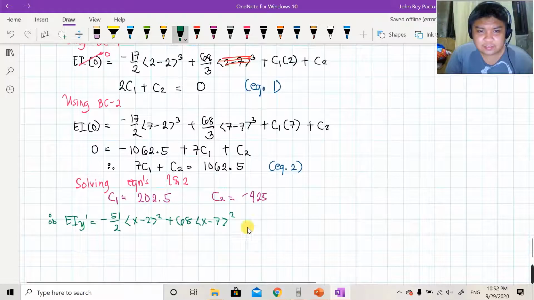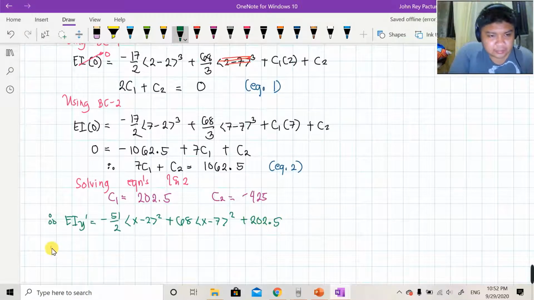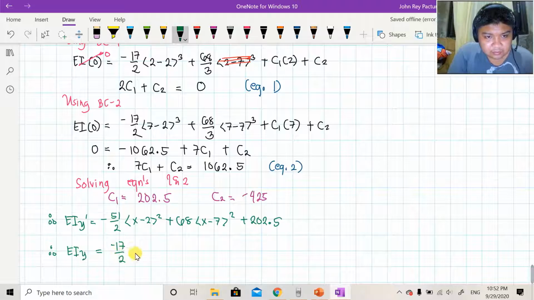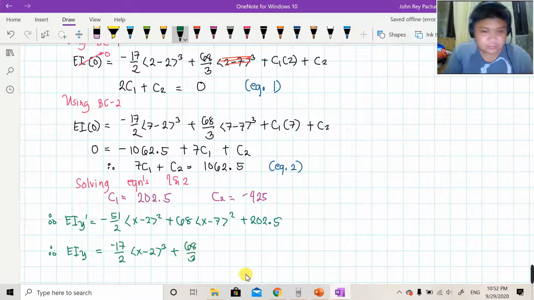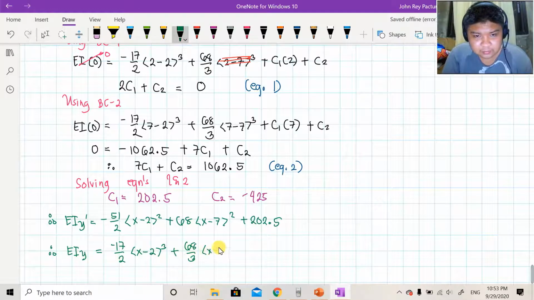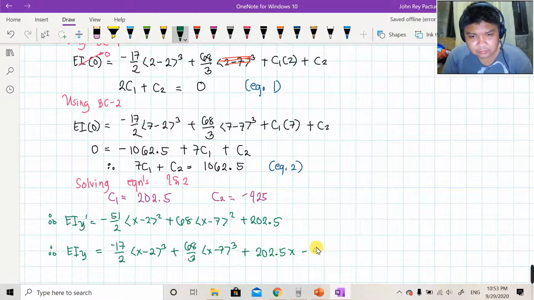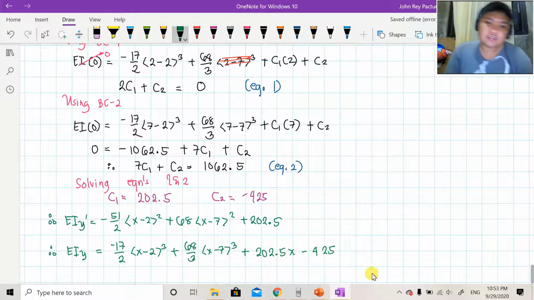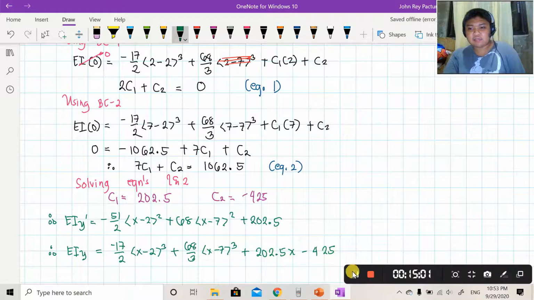Since C1 natin is positive 202.5. On the other hand, meron pa tayong EIY that is equal to negative 17 over 2 (x minus 2) cubed plus 68 over 3 (x minus 7) cubed plus 202.5x minus 425. So ito na class yung ating EIY prime and EIY.